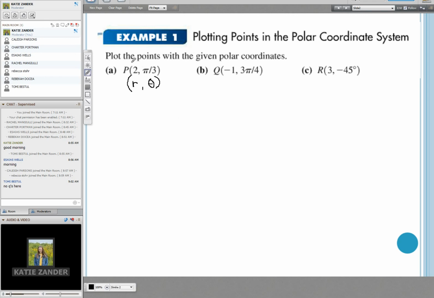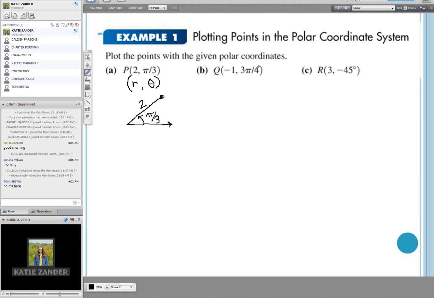So for example, in this first part here, 2, pi over 3, I start with kind of a vector in this direction, right? A starting point. And then pi over 3, I want to say is about somewhere in here, right? So the direction that we're moving is pi over 3. And then the length will be your 2. Okay. So that's how we're going to go ahead and graph that first one.